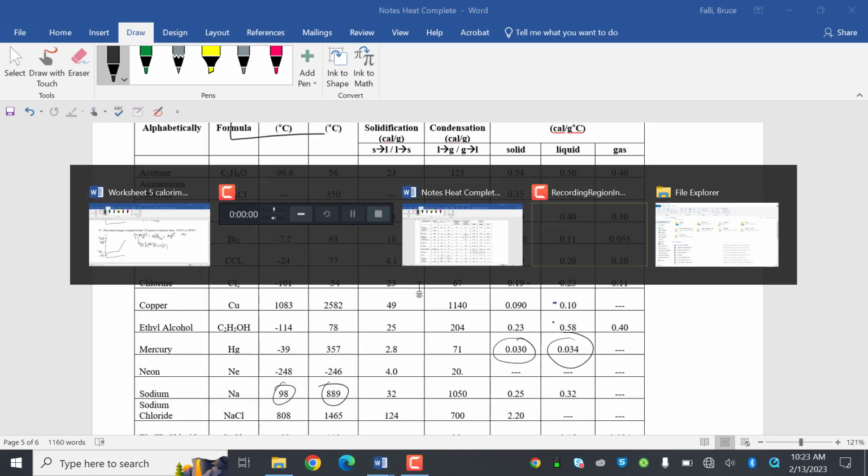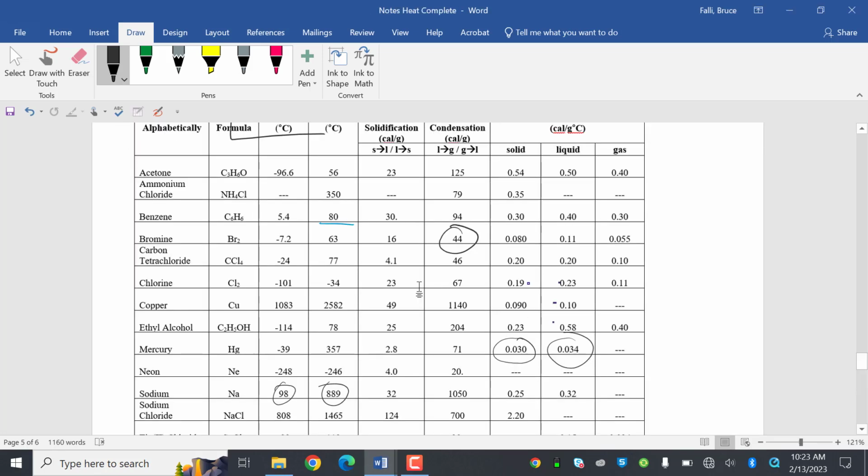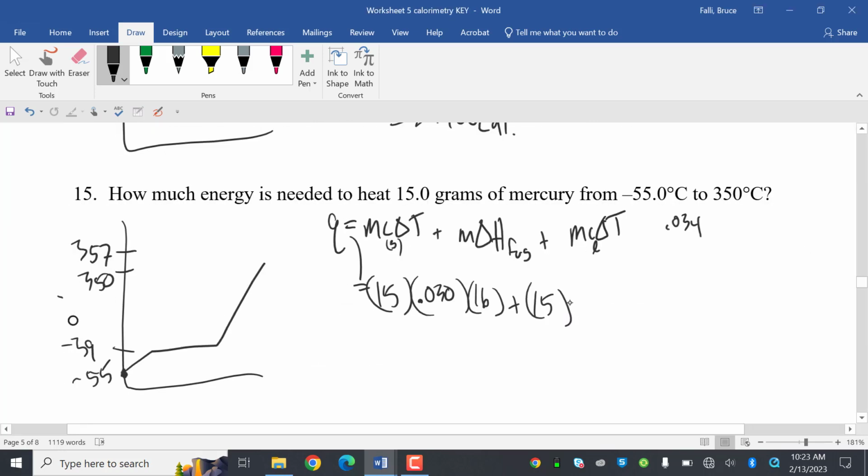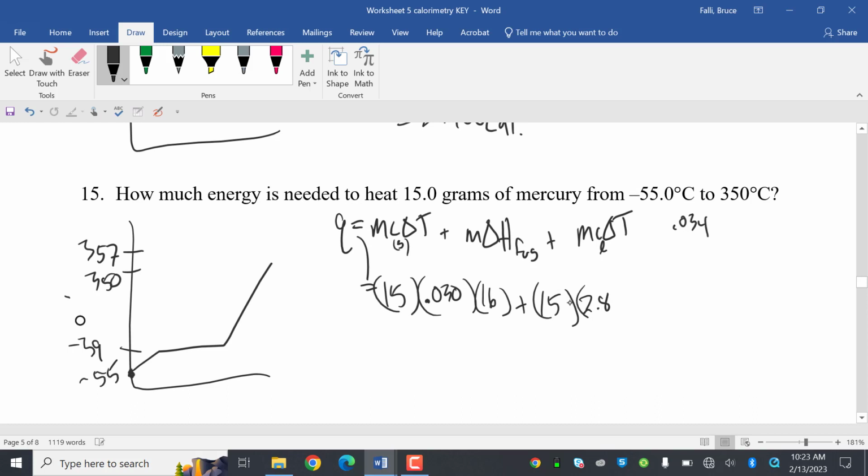Heat of fusion of mercury is 2.8. That's not very big. Plus 15 times specific heat, 0.034 times, from 350 minus 39 is 311.